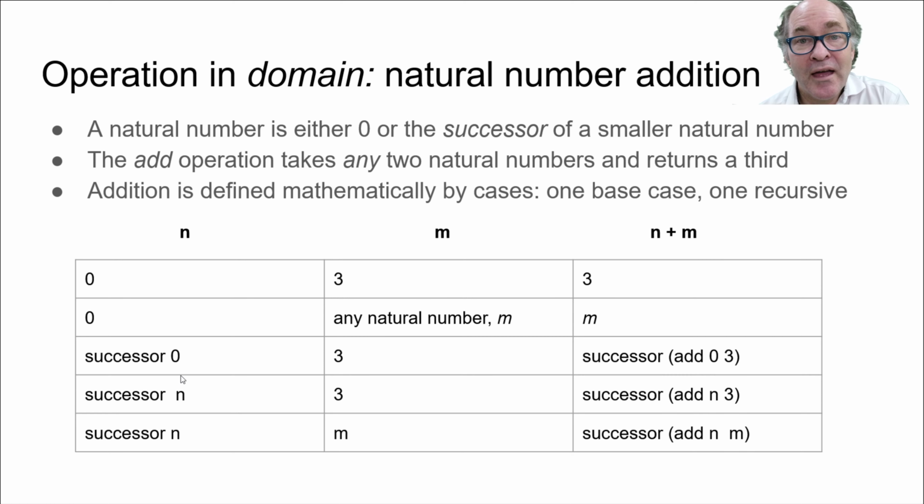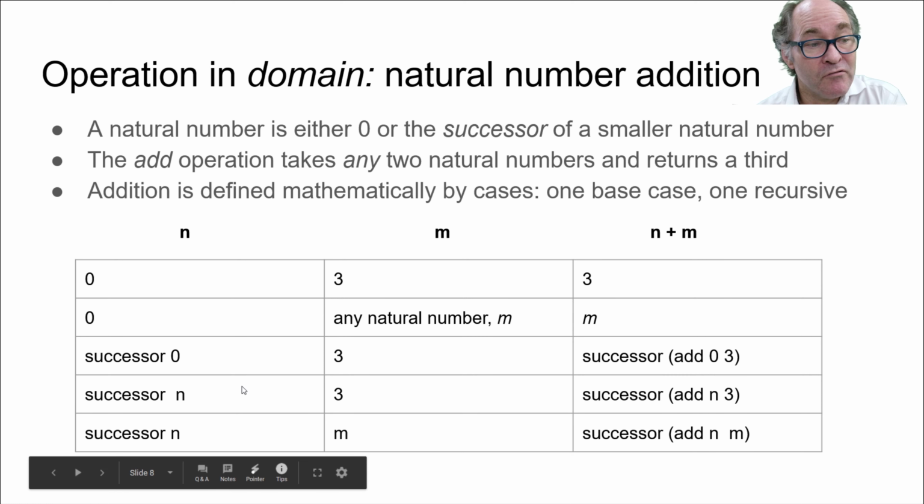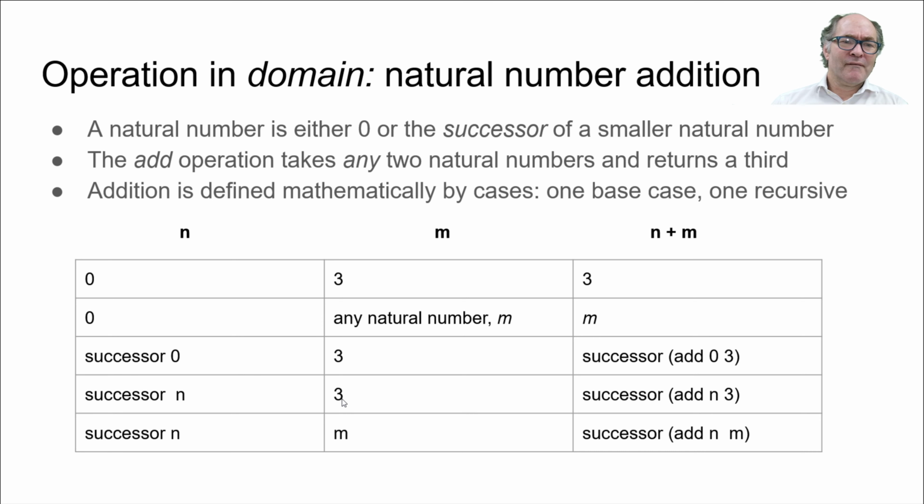So suppose then, in general, let's look at the fourth line in this chart. I'm adding the successor of n and 3. Oh, I've got this wrong. No, I don't. Good. I don't have it wrong. I got scared for a minute. Suppose I'm adding one more than n, and that's another way to say the successor of n.